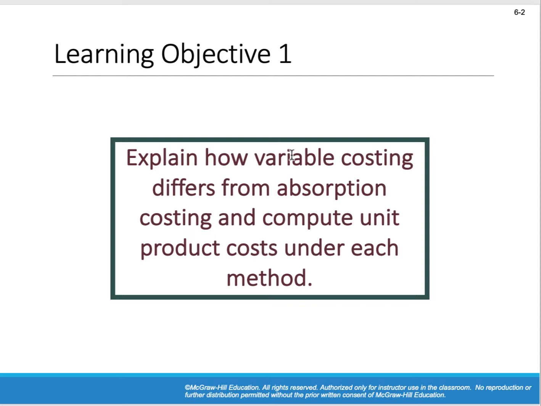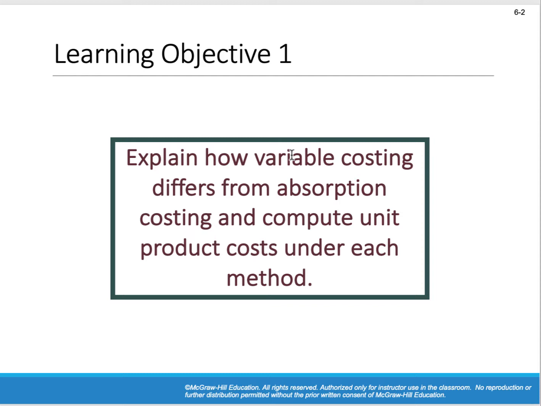We saw in Chapter 2 as well as Chapter 3, when we got into job order costing, we said, okay, this manufacturing overhead, we need to apply it, right? We said that our manufacturing overhead costs are all our indirect costs, meaning they are not easily and conveniently traced to a unit or to a service. So, you know what? We have to allocate it based on that predetermined overhead rate, okay?